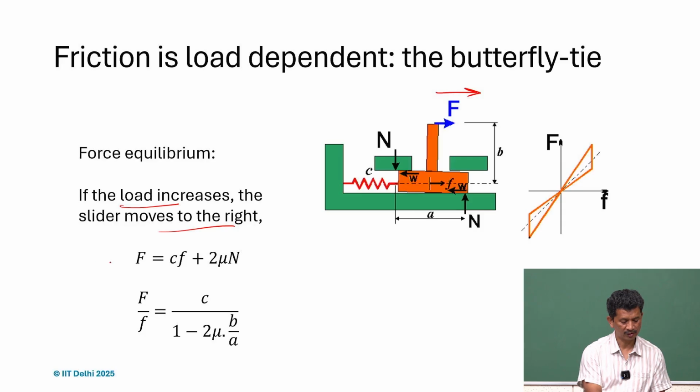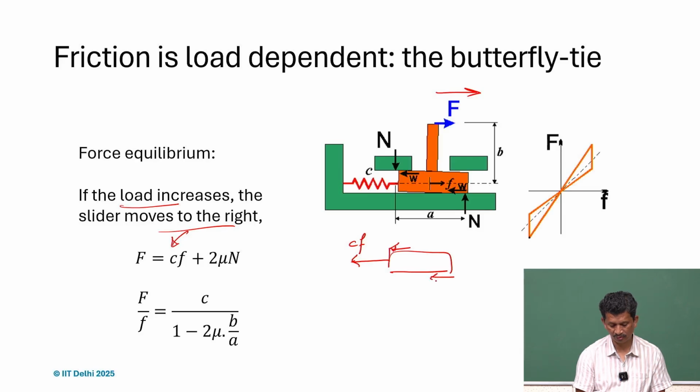If we write the forces, F is equal to the spring deflection. On the body we have this spring force acting, and then of course the friction forces, 2 mu N, is there.